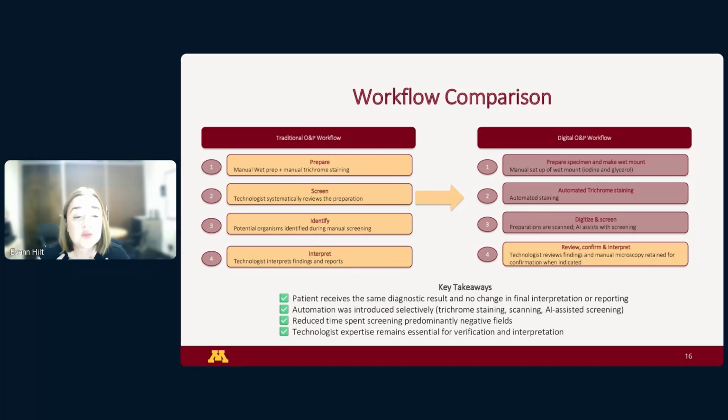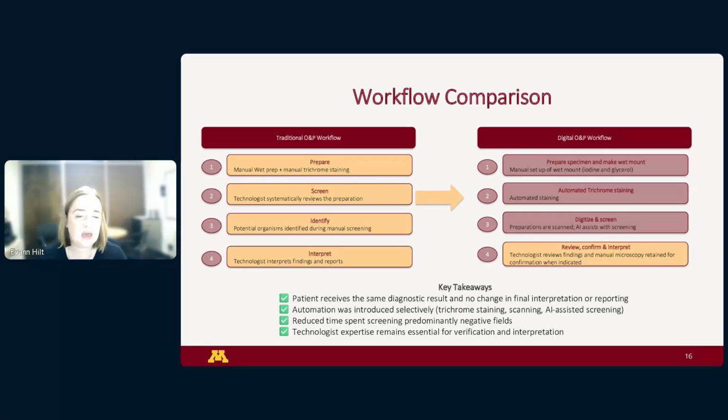What this has really helped us do is reduce the time spent screening predominantly negative fields. Instead of sitting at a microscope hunched over, our technologists are looking at the slide and the interpretations on a screen and making the call that, yes, this is truly a negative slide.